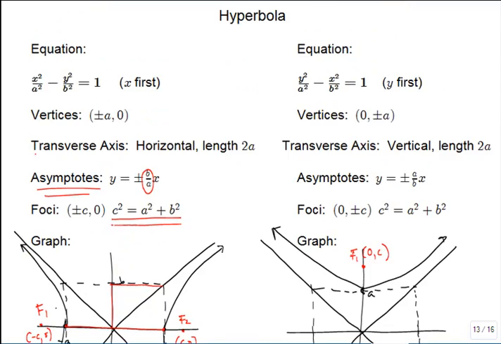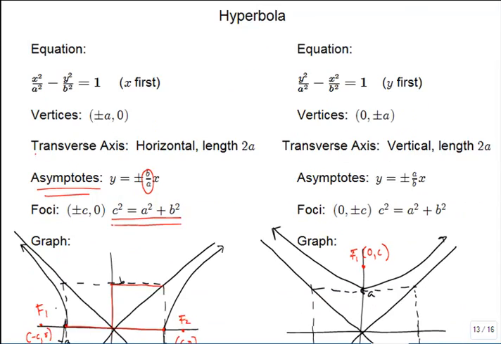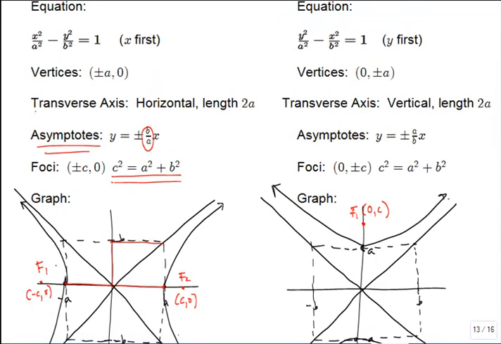Now, if you have your equation with the y term coming first, then instead of having your branches go right and left, your branches are going to go up and down. So the square root of the number underneath our y term, in this case a, we're going to go up and down that amount, and those are called our vertices, and that also forms our transverse axis.